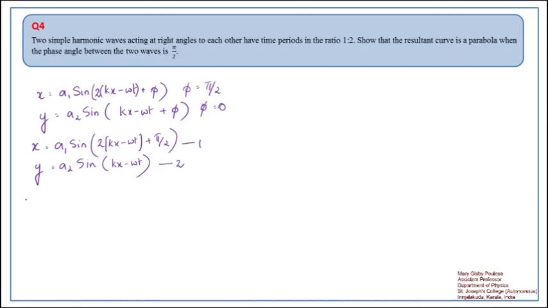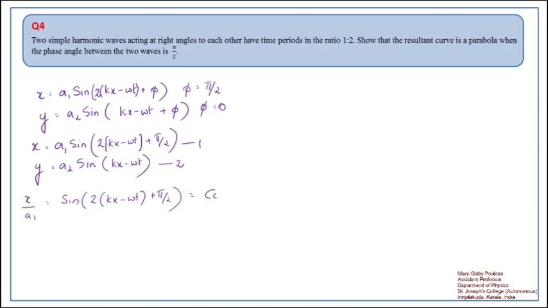Now let this be the first equation and this be the second equation. I am going to rewrite the first equation as x by a1 is equal to sine of 2 times kx minus omega t plus pi by 2. Now look at this equation. It is of the form sine of theta plus pi by 2. So what is sine of theta plus pi by 2? It is cos theta.